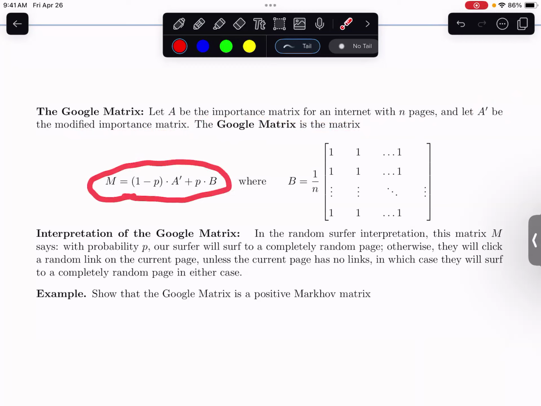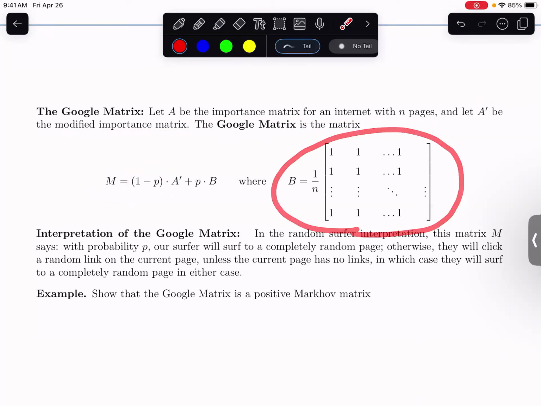We define M to be 1 minus our damping factor P multiplied by A prime, where A prime is just A where you replace the 0 columns with the 1/n's. And then we add to this P multiplied by B, where B is this completely random matrix. It's just a matrix consisting of all ones divided by n.